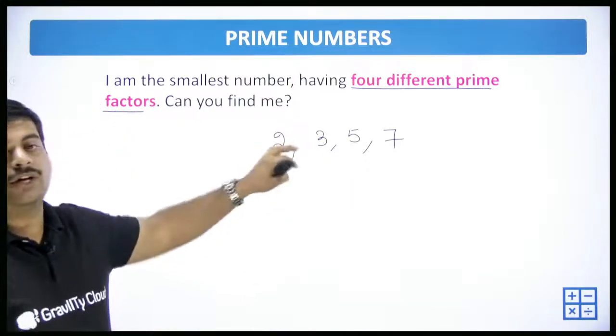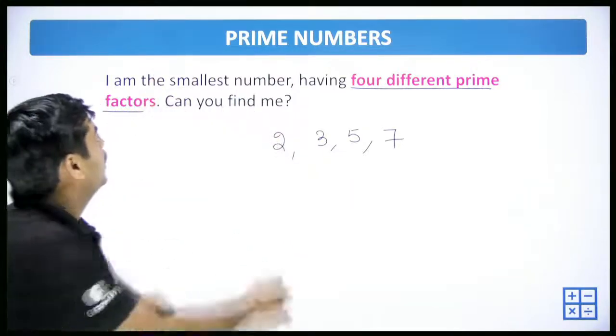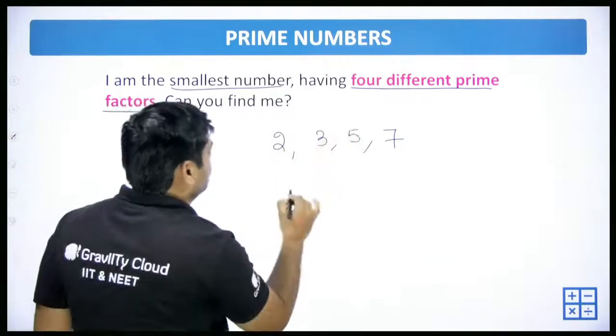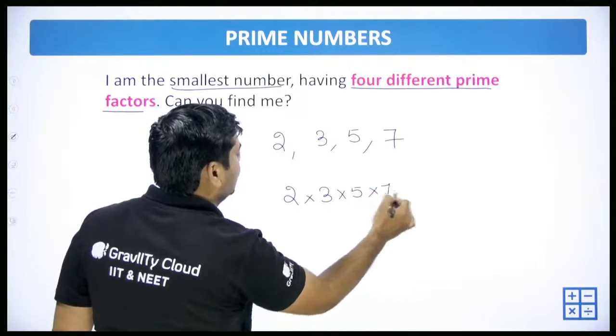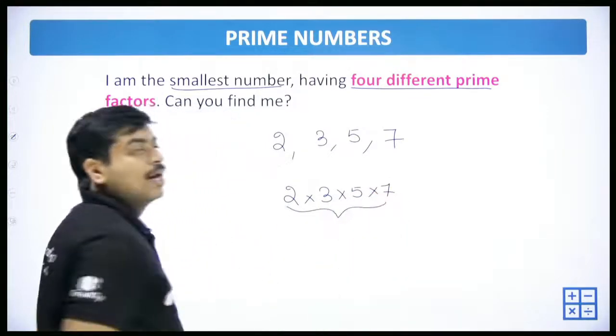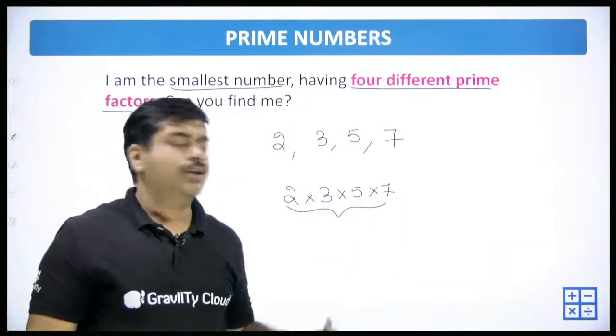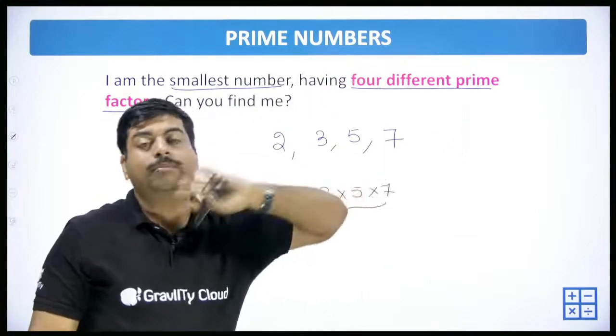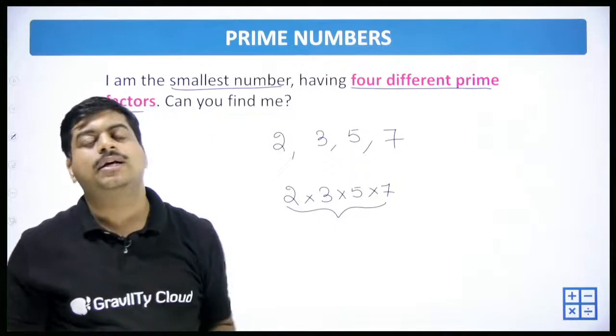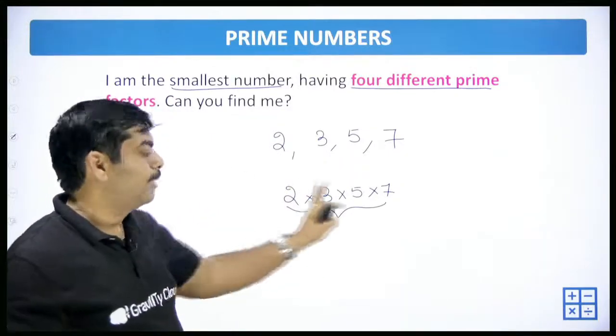So out of these, we need to find the smallest number, which has these 4 as the factors and no other number. You can have multiples like into 3, into 4, into 5, into 10, into 20, but those will not be the smallest number. The smallest number will be the multiple of these.